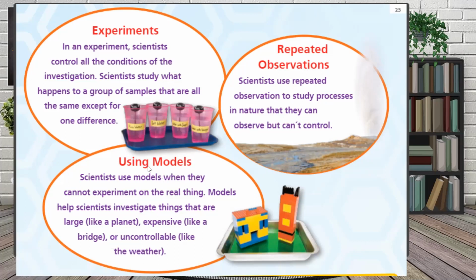This is not repeated observation. Using models, excellent. What you said is about making a model, something that looks like the real thing, and then you can control it and try to do it as you want.